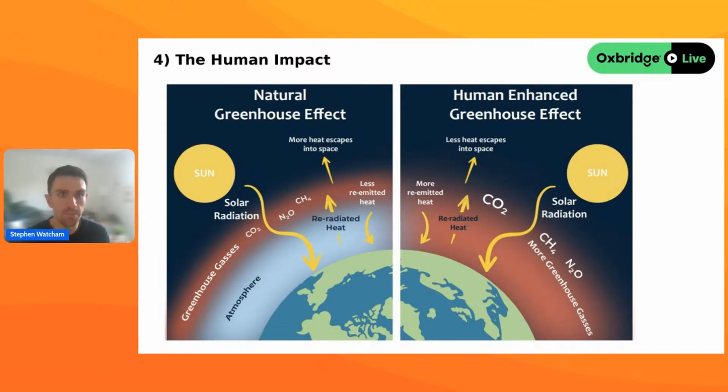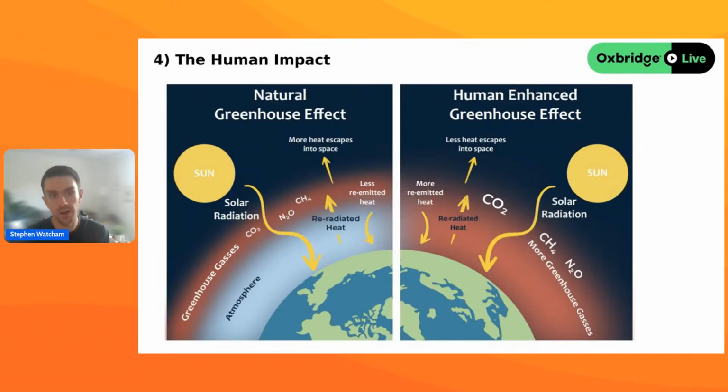It's absorbed by methane, nitrous oxides, and carbon dioxide. They do exist naturally within our planet. What those gases do is trap the heat in the atmosphere, causing the atmosphere to warm up. That's what gives us a lovely stable climate. So we need the greenhouse effect to have a normal average temperature.